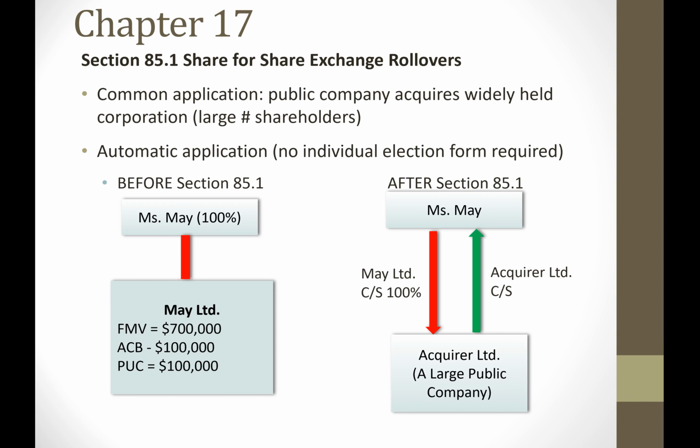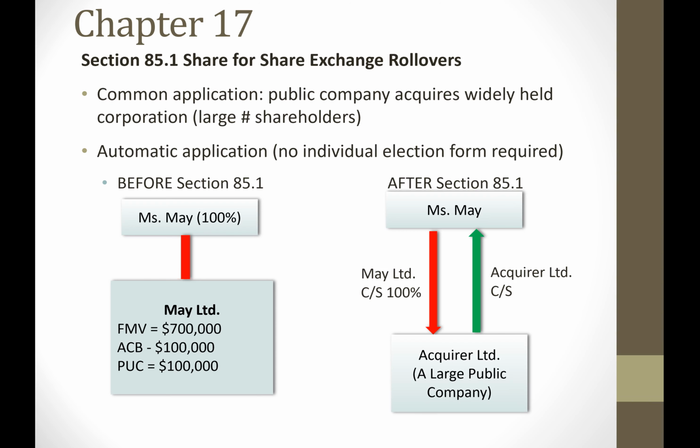So let's take a look at the example on the slide here. Let's focus on before, on the left side. Before the Section 85.1, Ms. May owns 100% of May Limited. Ms. May owns, let's say, common shares in May Limited, and currently those common shares have a fair market value of $700,000.